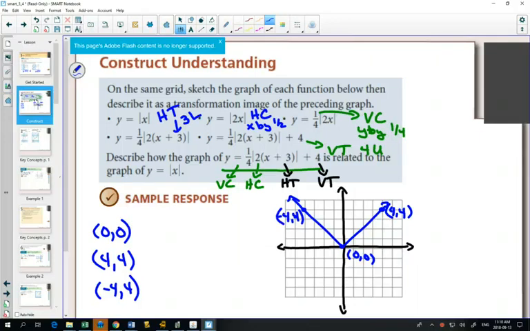And what's different now that we have all of these transformations, our rule of thumb is we are going to work from left to right. Our first set of arrows, we will do always our compressions, stretches, and reflections first.